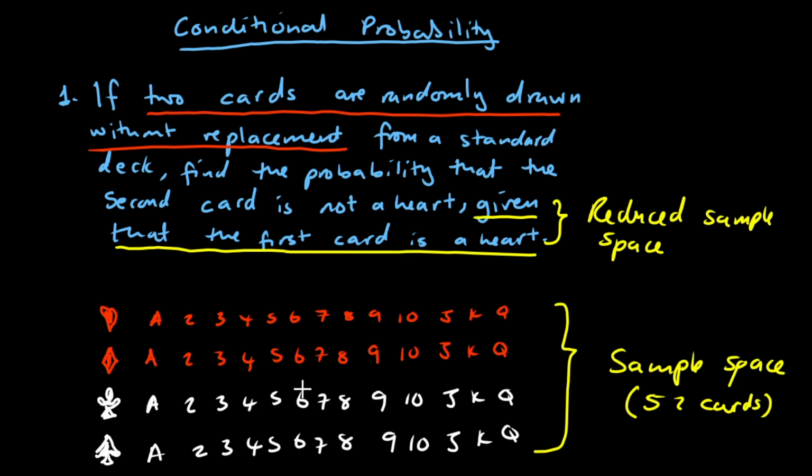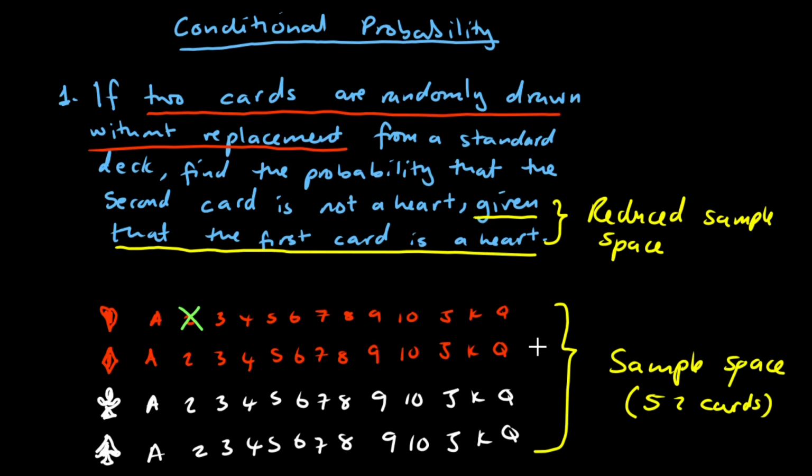The condition always reduces the sample space to the sample space that you need to use in your calculation. The first card that I picked was a heart, right? We don't know which card it was, but it was a heart. So let's scratch one heart. Maybe it was a 3, but we are just scratching 1.